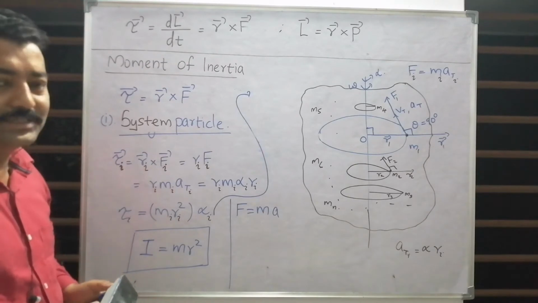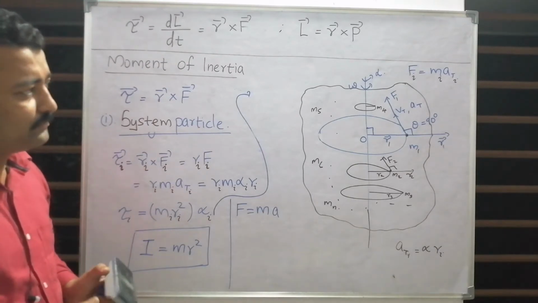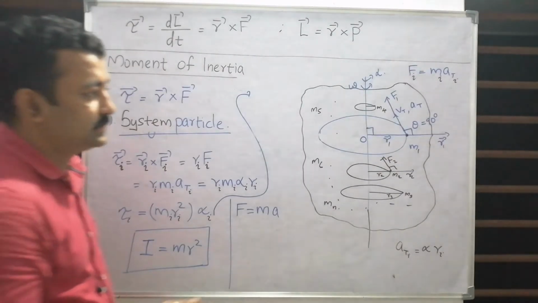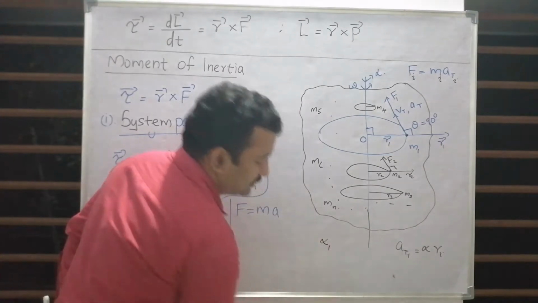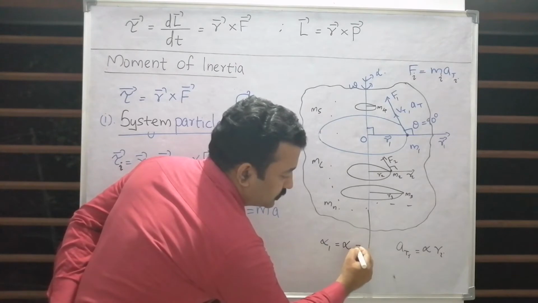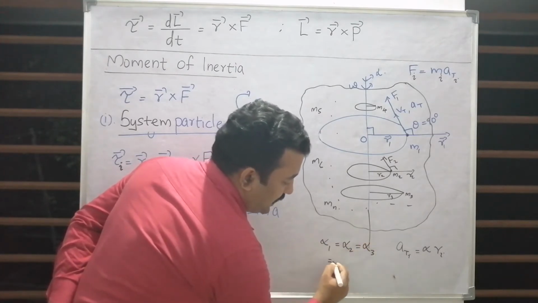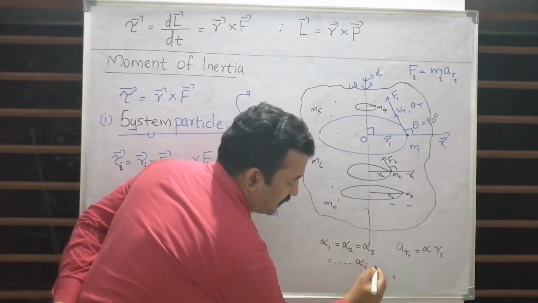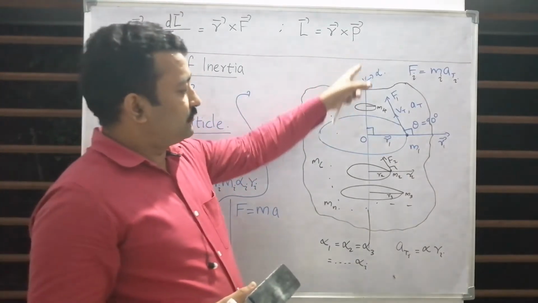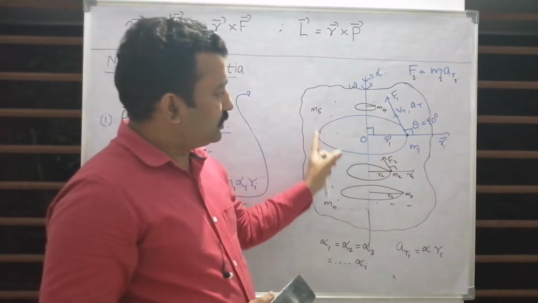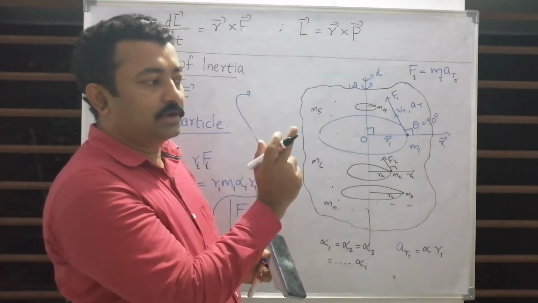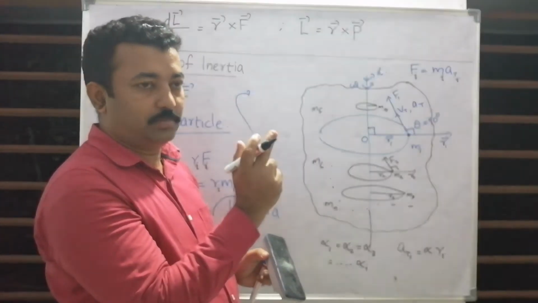We consider this as a system of particles. If this is a rigid system, what we have to expect is that alpha 1, the angular acceleration of the first, is equal to alpha 2, is equal to alpha 3, and so on up to alpha i. Why is that required? Because if the angular accelerations of different particles are different, different particles will be accelerated differently.